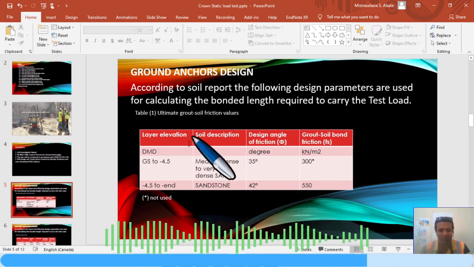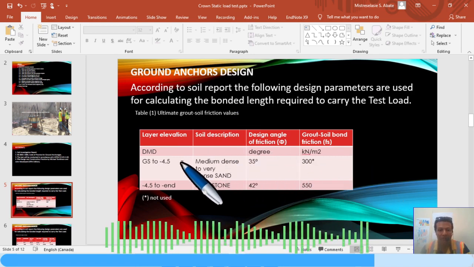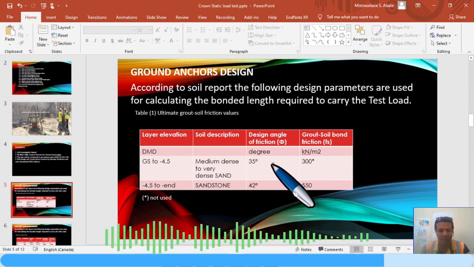The first thing we have to check is the ultimate ground soil friction values from the test report. As you can see, we have layer elevation, soil description, design angle of friction, and ground soil bond friction given.